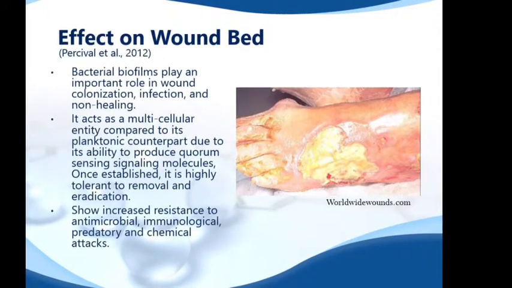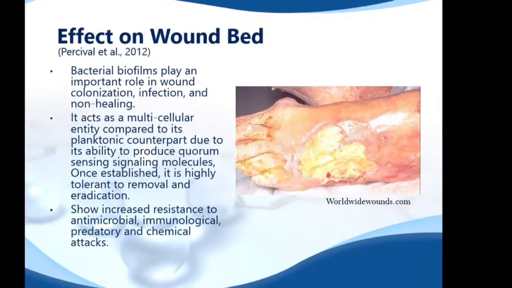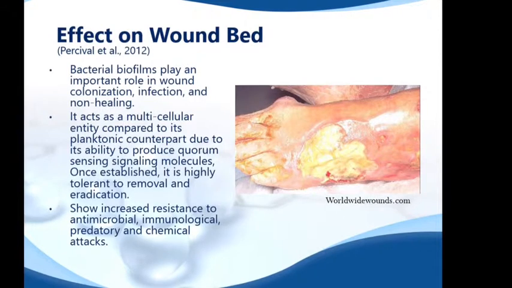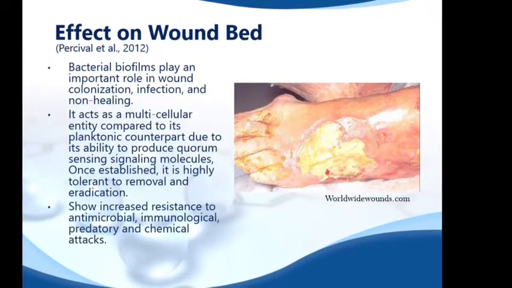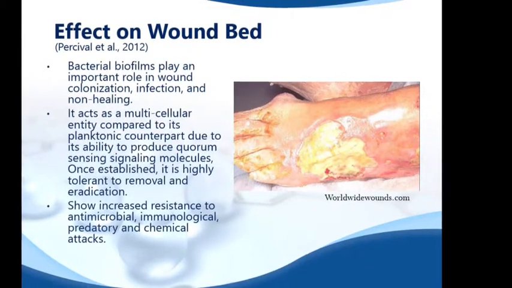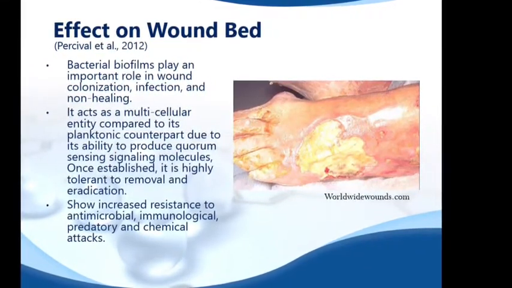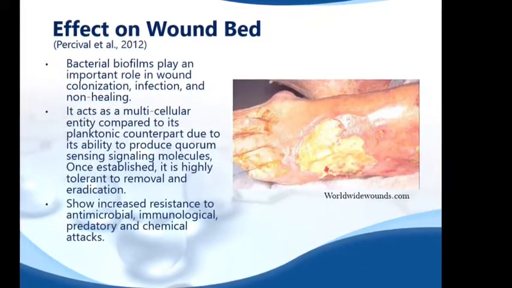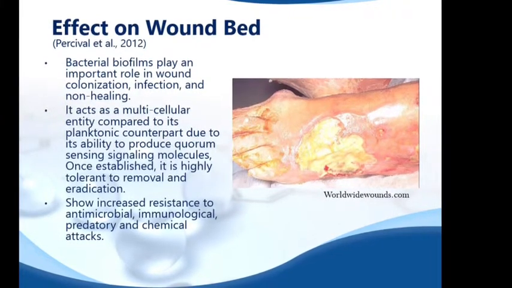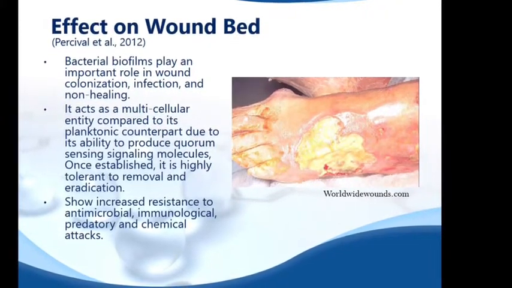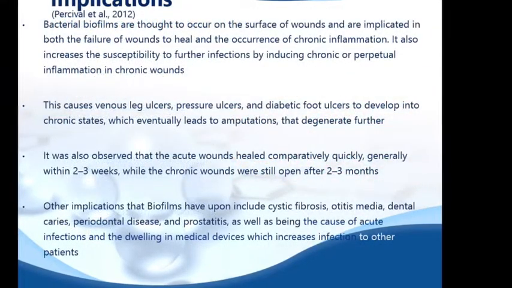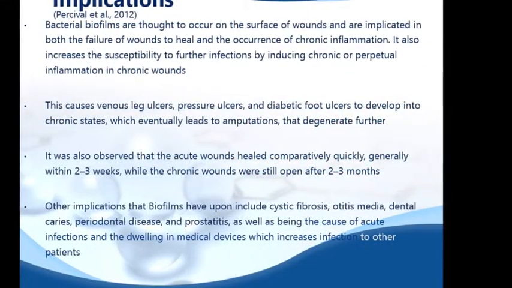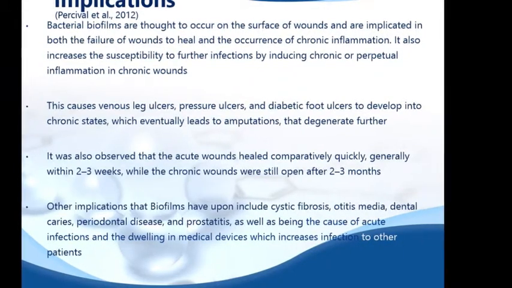Venous leg ulcers, pressure ulcers, and diabetic foot ulcers develop, degenerate, and worsen, and eventually lead to amputation due to impaired wound healing from biofilms. It has been shown that biofilm has an important influence on how quickly a wound can heal. Acute wounds generally heal within 2 to 3 weeks, while chronic wounds can stay open even after 2 to 3 months.